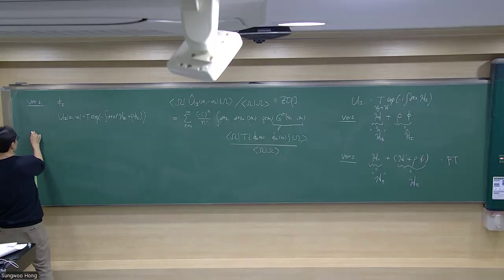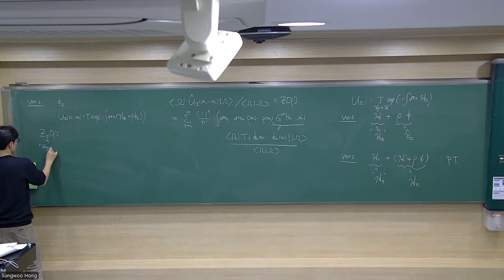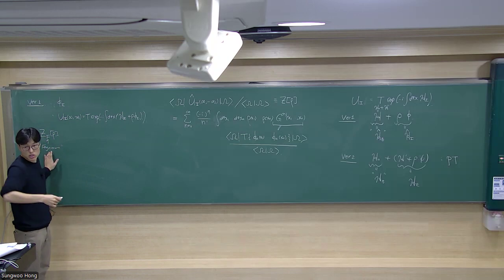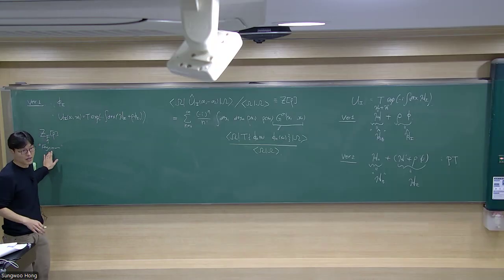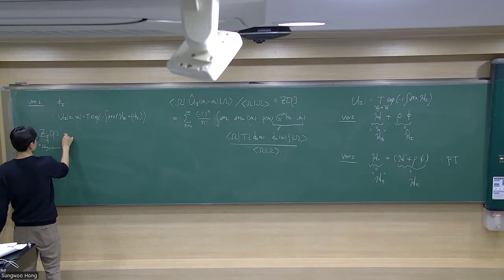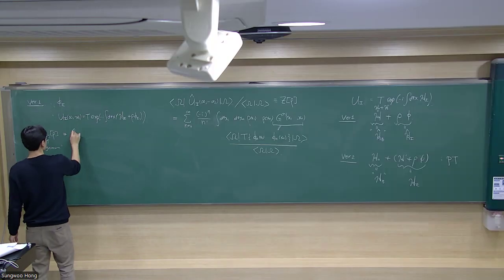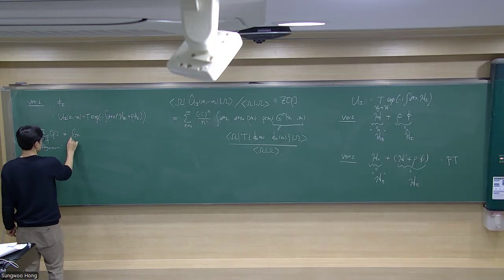Okay. So now what I want to study is I'm going to define my generating functional with F, where F denotes Feynman, in the sense that now I will have an interpretation in terms of Feynman diagram expansion. So I will define this as follows. I will think about some regularization.